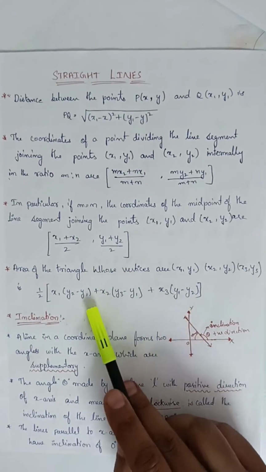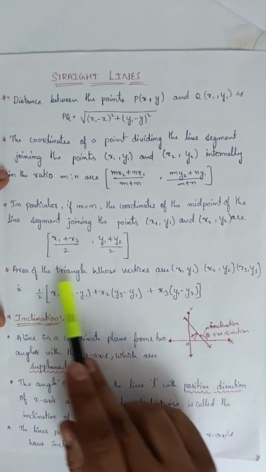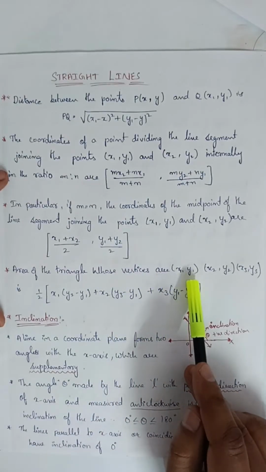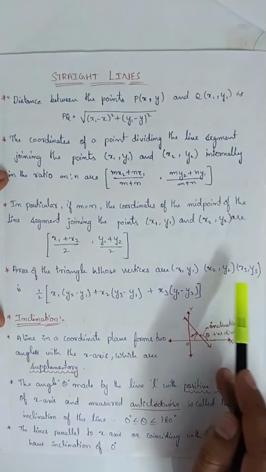This is the formula for finding the area of a triangle whose vertices are x1 y1, x2 y2, x3 y3.